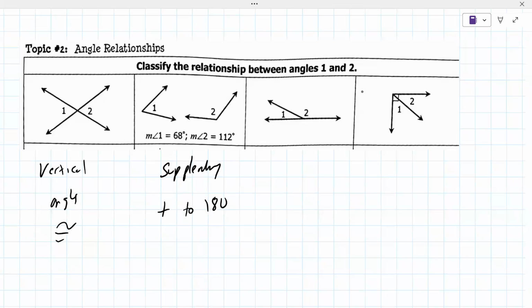All right. How about the next one? Also supplementary angles.